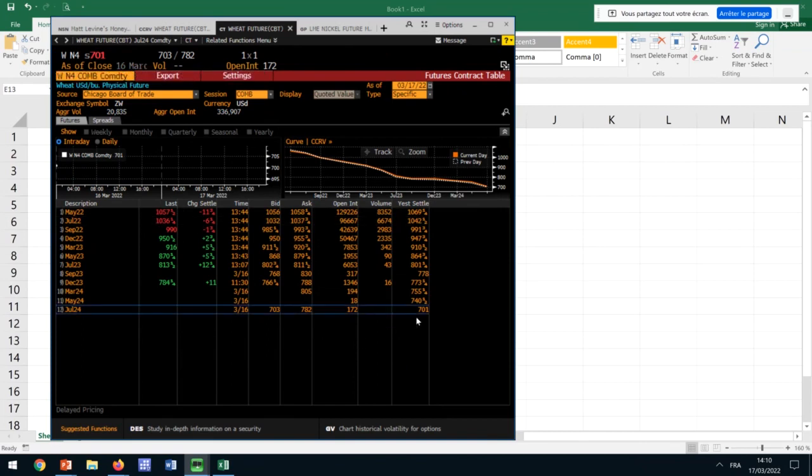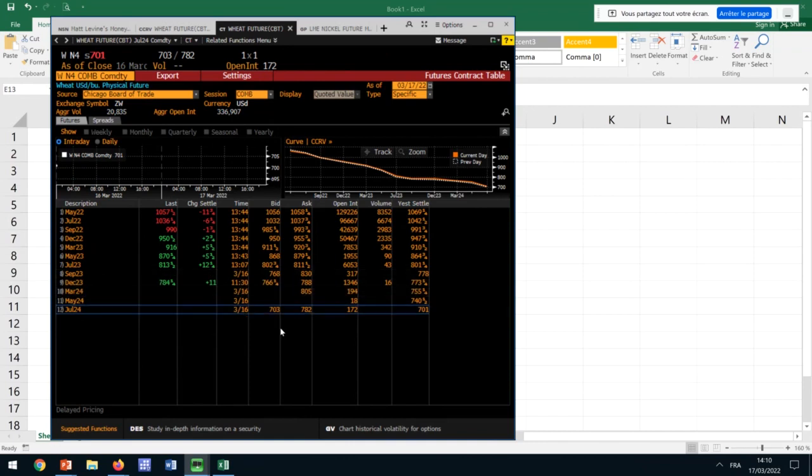Again, this doesn't seem to work. If I want to buy a July 24 wheat contract, what's going to happen is that the open interest will increase by 1. An additional contract will be created. This means that somebody is willing to create a contract with me.